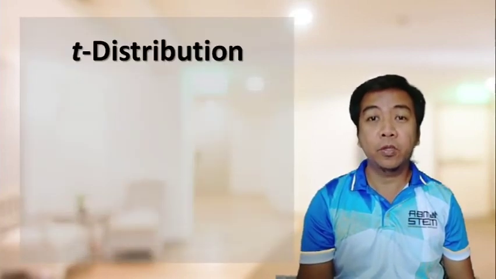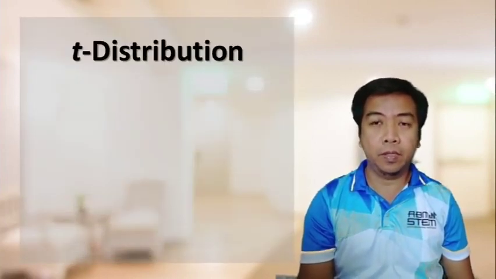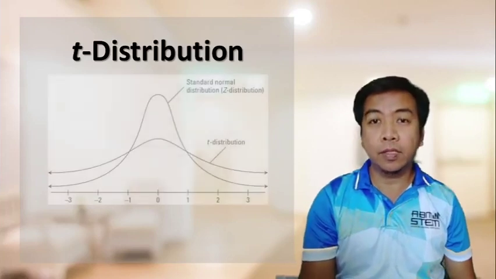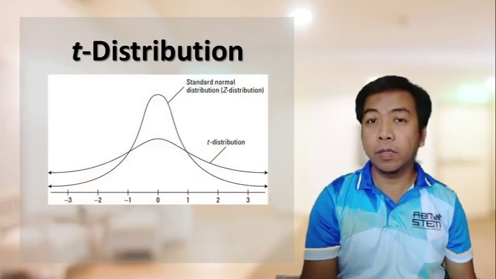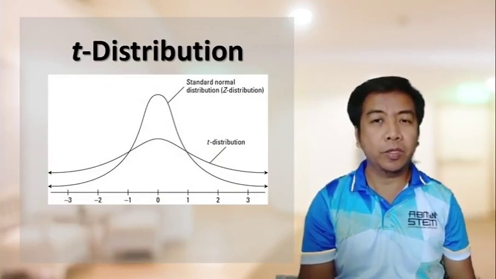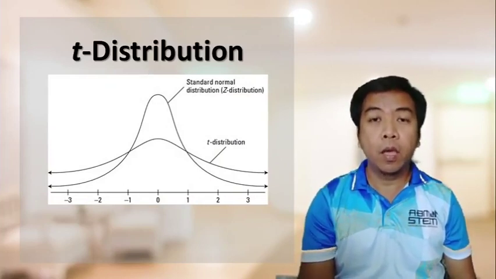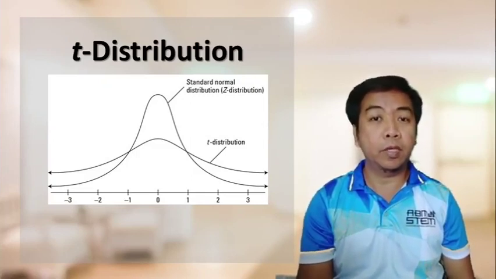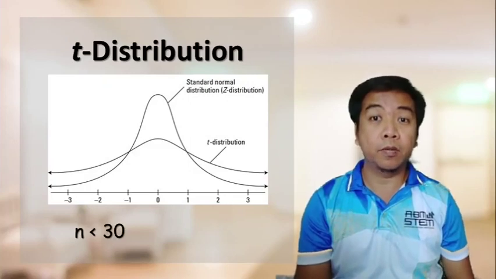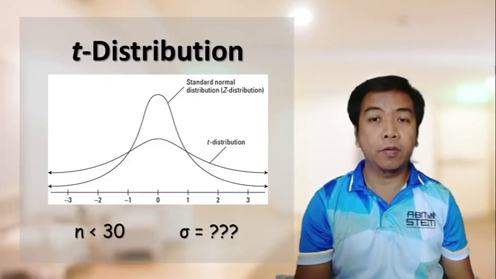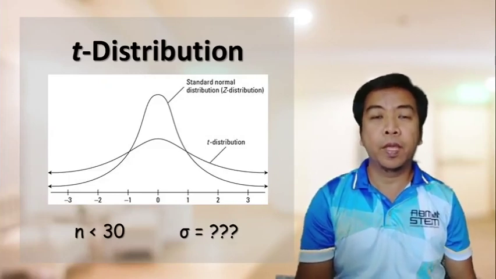In our last video, we discussed the basics of the student's t-distribution. We identified it as having almost the same bell curve as that of the normal distribution, just a bit shorter and heavier by the tails. We also discussed that ideally, we use t-distribution if the sample size is relatively small, that is, less than 30, and the population standard deviation is unknown.